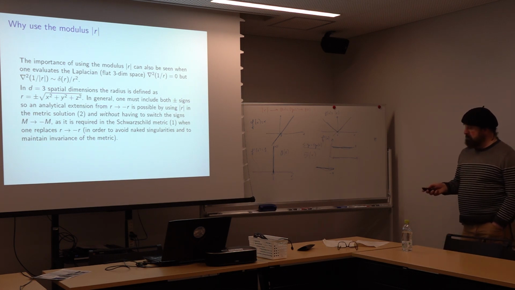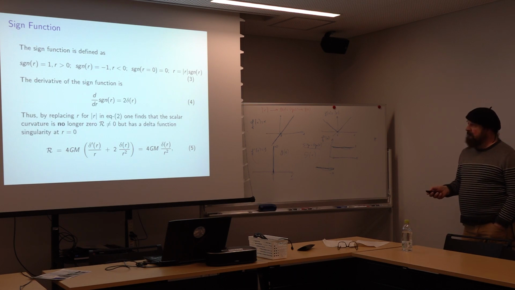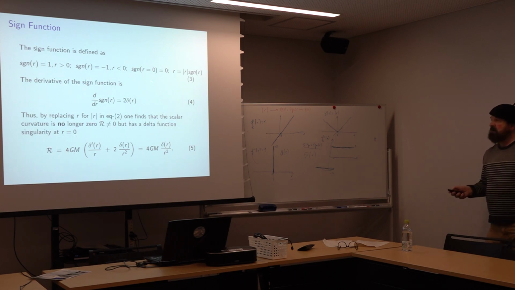Okay, so let me continue. Now here I have the sign function that I wrote here. So the sign function is 1 for positive values. It's -1 for negative values. And when the argument is 0, the sign function is 0. Another relevant point to say is that r can also be written in terms of the modulus times the sign.